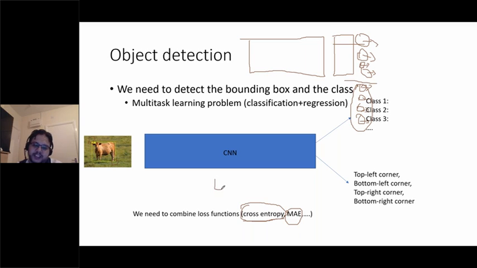At the end of the day, it's just one loss function, but it is built by combining 2 loss functions, this loss and this loss. There are other aspects of how to combine them, depending on the problem. But it is a combined loss function because we have a part that is classification and a part that is regression. Yeah, that's clear.